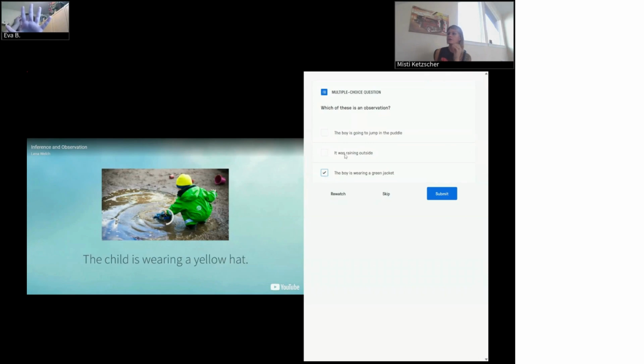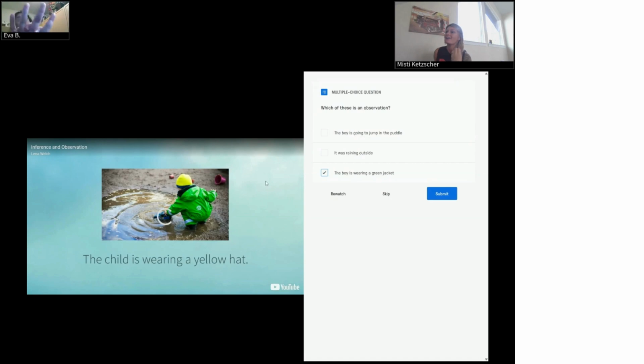So if we take a look at the other 2 options, we are going to know that these are inferences, okay? We see a little boy here playing in a mud puddle, right? But what we know is that usually when we see little kids playing near a mud puddle, they typically like to jump in the puddle, right? Yeah, I mean, I do, and I'm not even a kid.